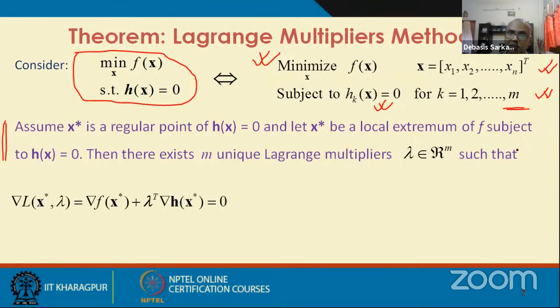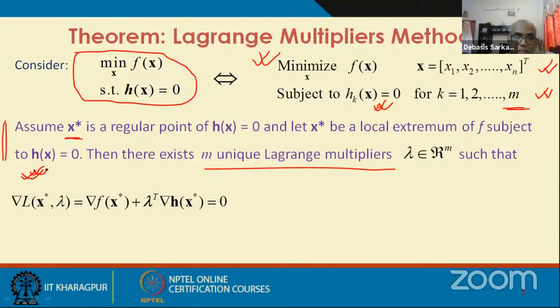such that this condition is satisfied. That means if x star is a regular point, it means that h of x star equal to 0, and x star is the local maximum or minimum of f, which also satisfies this, and then there will exist m number of unique Lagrange multipliers such that this condition is satisfied.